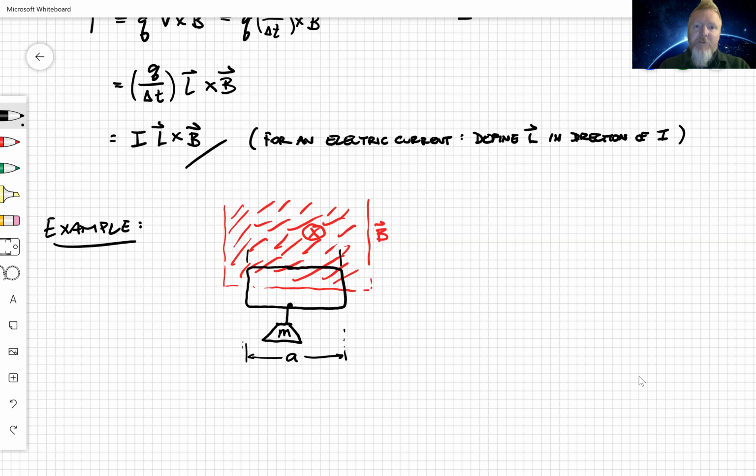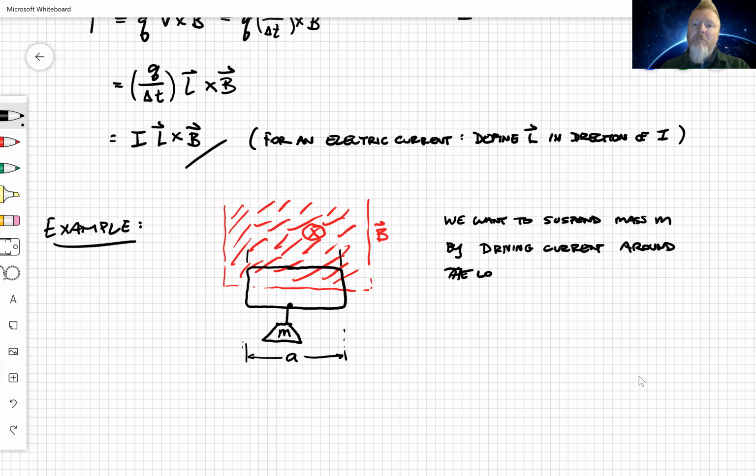So the question here is, we want to suspend the weight, the mass. I want to drive current around the loop.